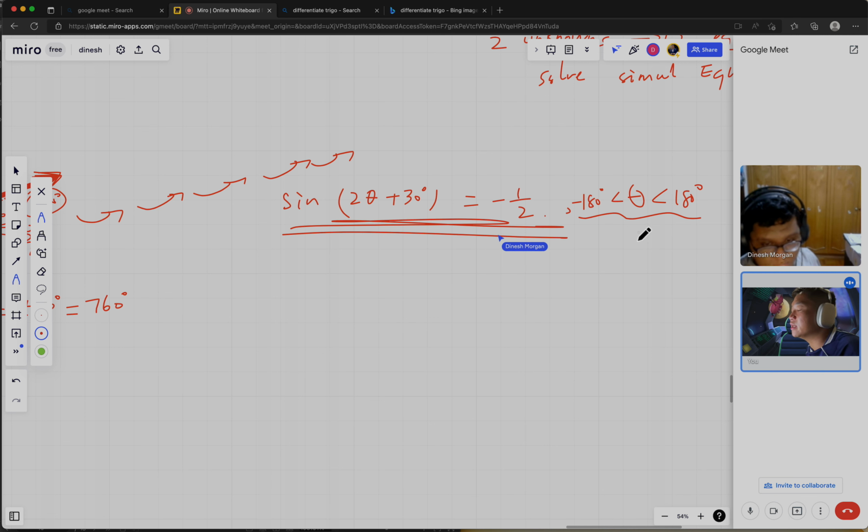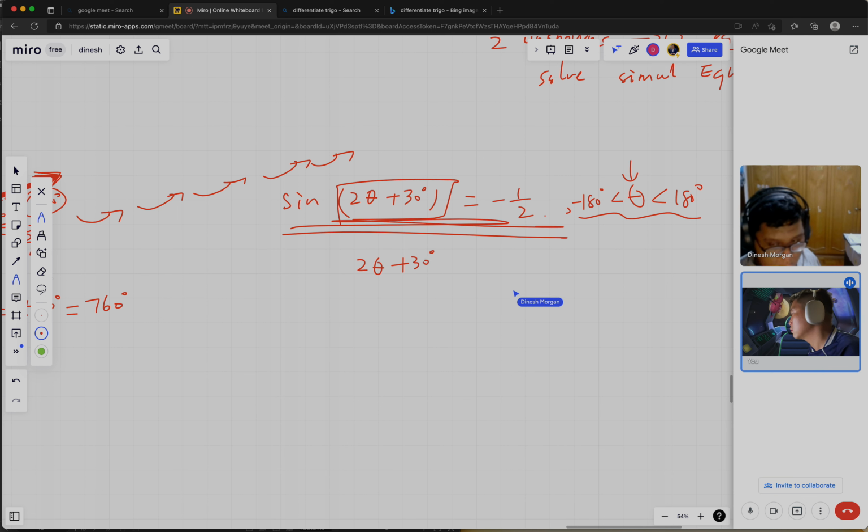But the funny thing here is that this is the range for theta, but over here it is 2 theta plus 30. I want to make it clear once and for all from today onwards: you need to get the range of 2 theta plus 30.